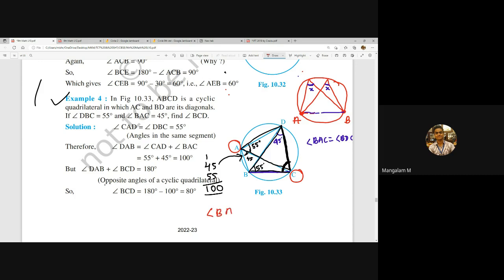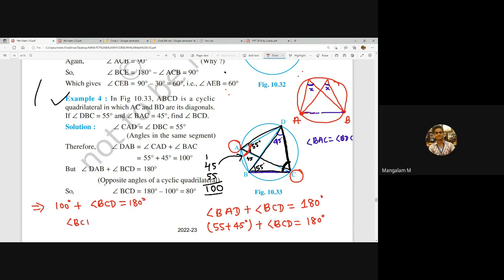I am writing angle BAD, which is 100, and BCD, which is the angle we have to find, is equal to 180 degrees. So 55 plus 45 plus angle BCD is equal to 180 degrees. 55 plus 45 is 100 degrees, plus angle BCD is equal to 180 degrees.